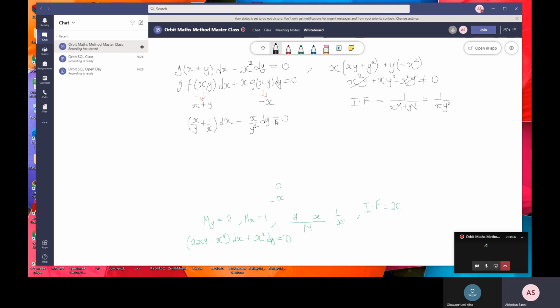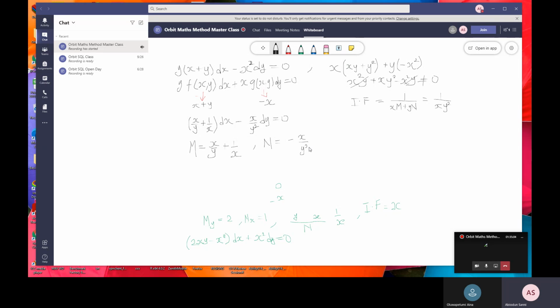Do we understand this stage? Hello, do you understand this stage? So our new m is now equals to x over y plus 1 over x. And our new n is now minus x over y squared.